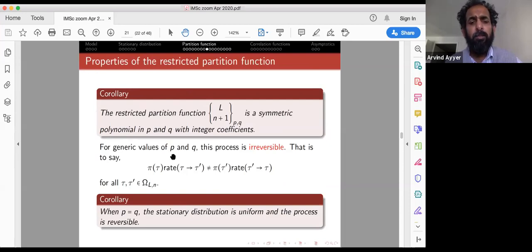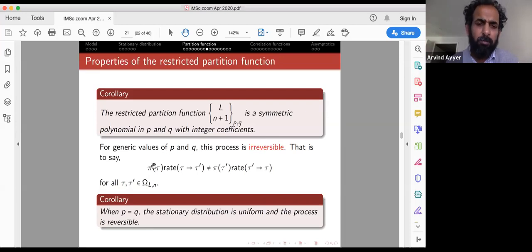And in general, this was Amri's question. It seems like the process is kind of reversible. If you interchange P and Q and you reverse time, one would think that you would get back the same process, but that's not true. If P is different from Q, this process is irreversible at stationarity.